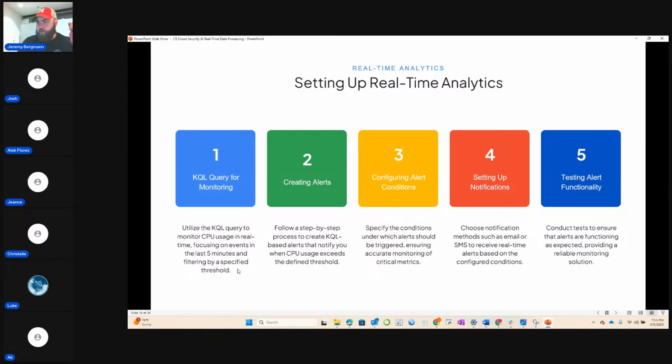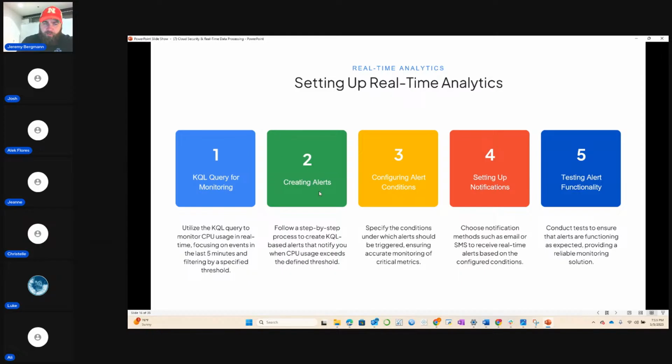Maybe it's by a certain threshold. I know in the past I've taken a look at servers, and anytime they went above 90% utilization, it'd give me a little warning. And then every couple minutes, if it was still there, it would do the same thing. And then I'd go in and look at it.